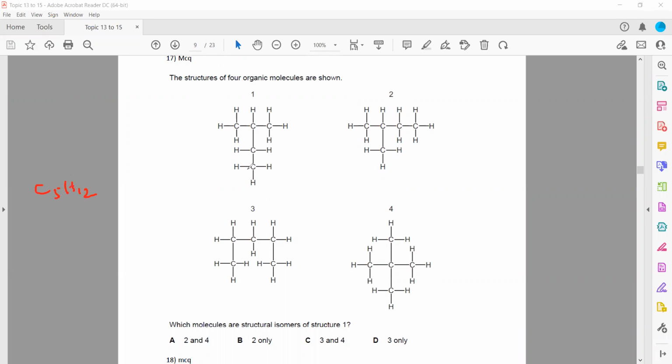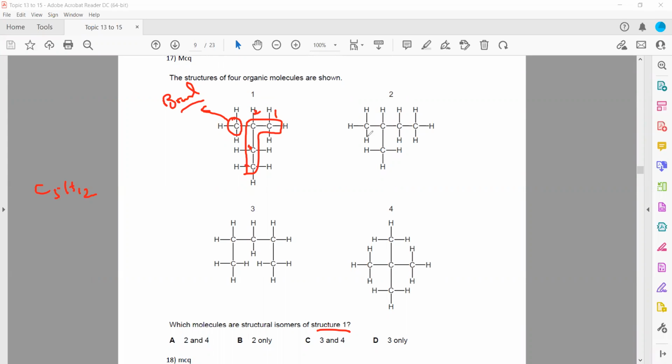Now we check whether their structures are different. We want to identify which molecules are structural isomers of 1. So when we check this structure, we select the longest chain of carbon, and what is outside the chain is a branch. So this is a branch, and the branch is attached at the second position.